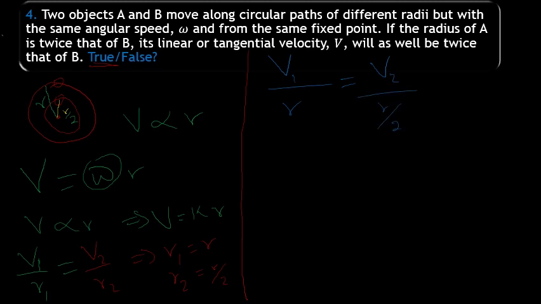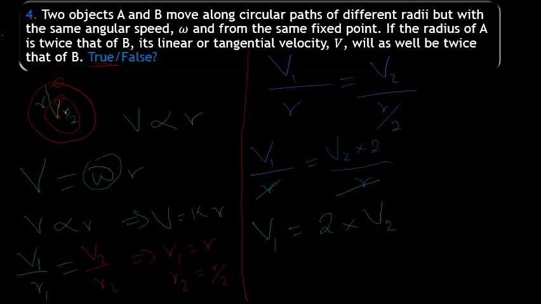And this will give us V1 over R is equal to V2 times 2, I want to take this 2 up, right, all over R. Okay, and so this takes care of this, and we can now see that V1 is equal to 2 times V2.